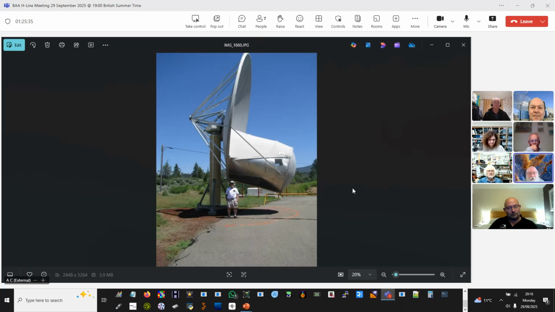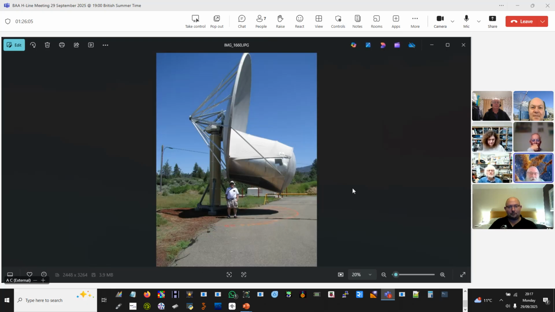You can see how the round thing on the bottom is just kind of like a canvas cover, which covers the feed inside of that, and they use it as a protector for weather. It's a very unusual feed, a kind of log periodic thing that looks like something out of Star Wars. I have a picture of it somewhere, but I can't find it right off.